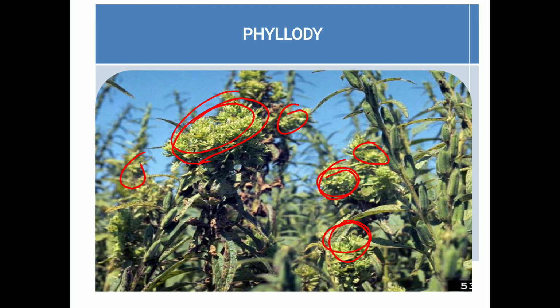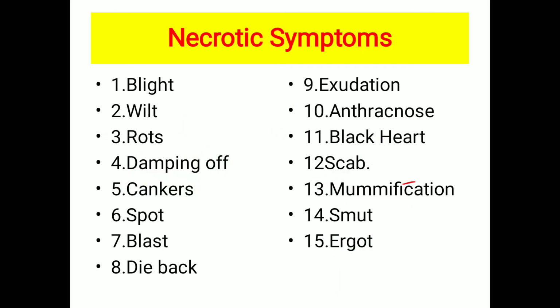When such a disease appears there is heavy loss in yield, because there is no pod or seed formation, so it is a very dangerous disease. It is caused by the attack of mycoplasma or phytoplasma, and for control we can use the chemical tetracycline, depending on the intensity of the disease.